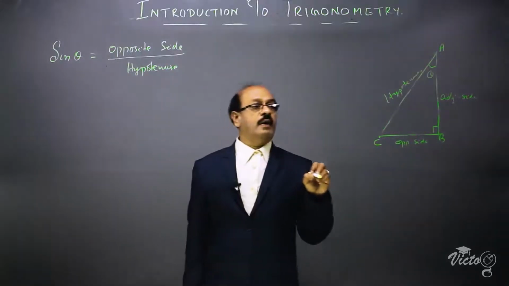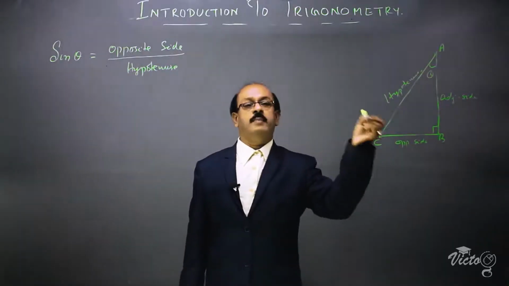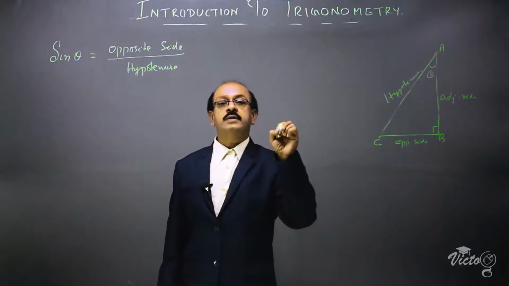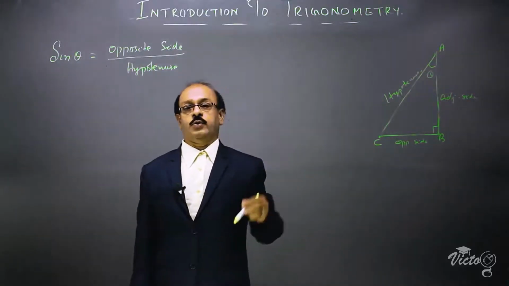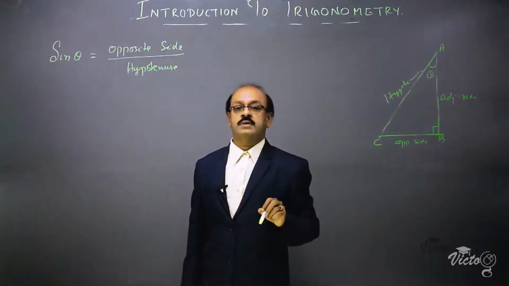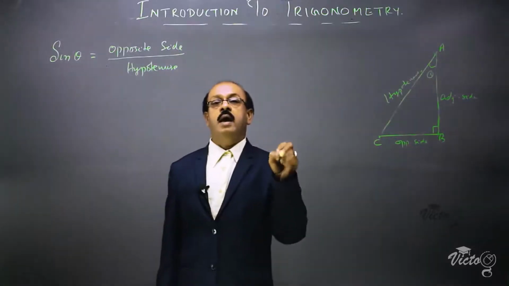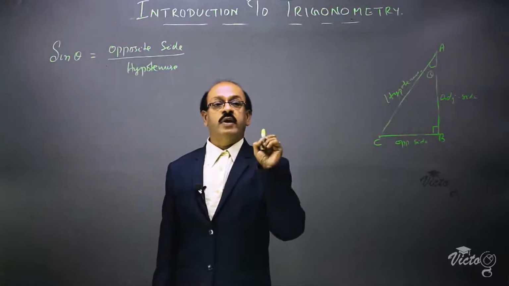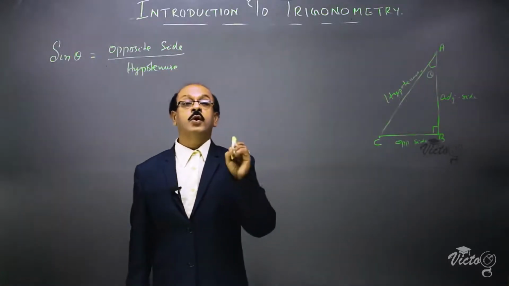If we divide the length of the adjacent side by hypotenuse, then also we are getting another ratio. That ratio is called cosine of the angle theta. The full name is cosine, and for our convenience, we will shorten the name as cos theta.